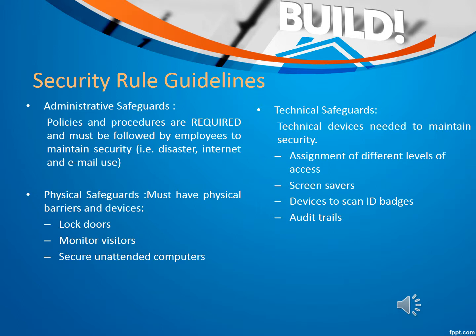All of the desktops and laptops which have access to PHI systems must have screensavers, and these devices must carry ID badges. And lastly, the PHI system should have audit trails or audit logs maintaining the access, modification, creation, or deletion of records, which is specific to patient records.